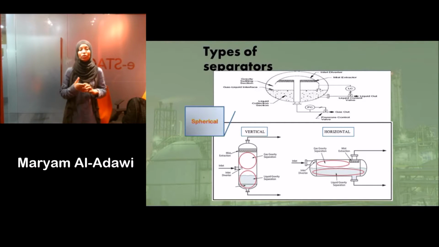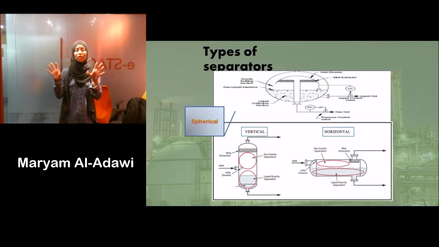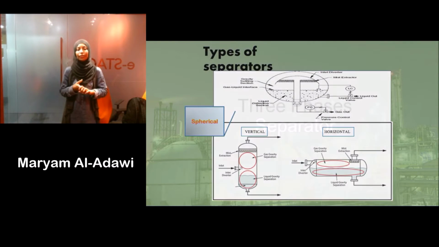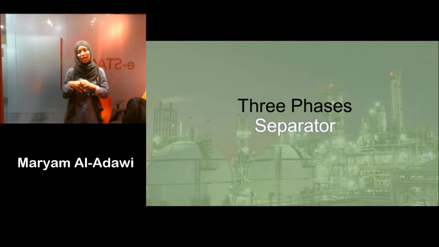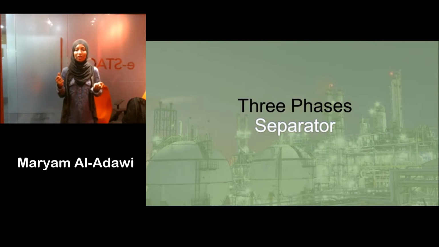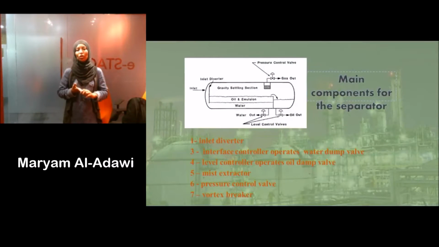There are three types of separators according to their shapes: spherical, vertical, and horizontal. The main shapes used are vertical and horizontal. According to their phases, they can also be separated into two-phase separators and three-phase separators, which we are going to talk about.